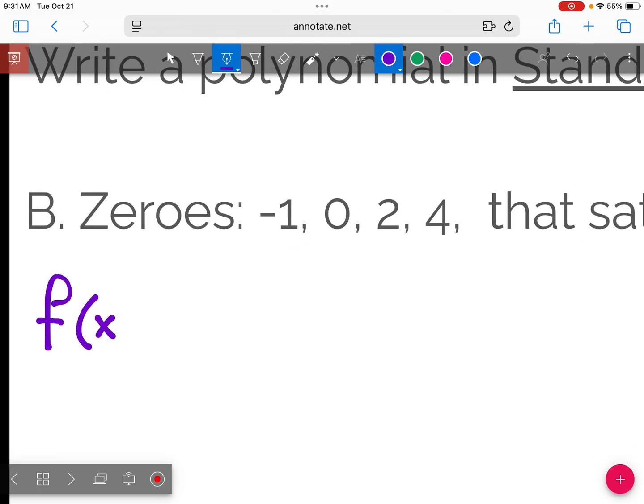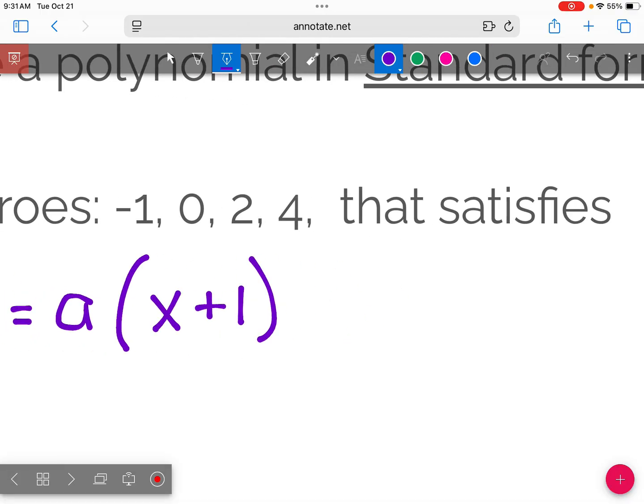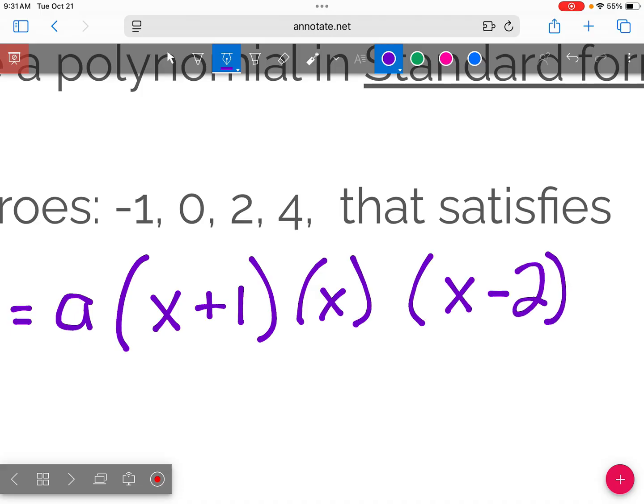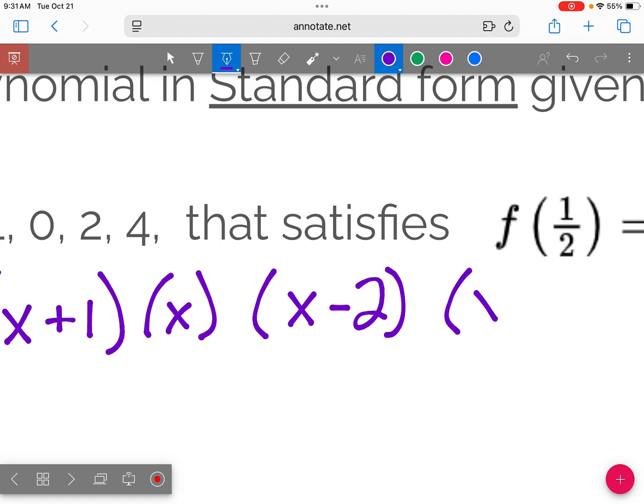F of x, and we don't know our leading coefficient yet, so we're just going to put our a. What are our factors? X plus 1, x minus 0, or you can just put x either way. X minus 2, and x minus 4.